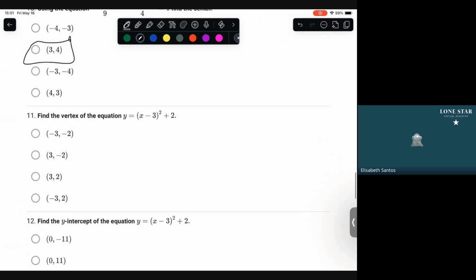And then 11, find the vertex of the equation. So this is a quadratic. So it looks like it's a parabola. And the general form is y equals a times x minus h squared plus k.